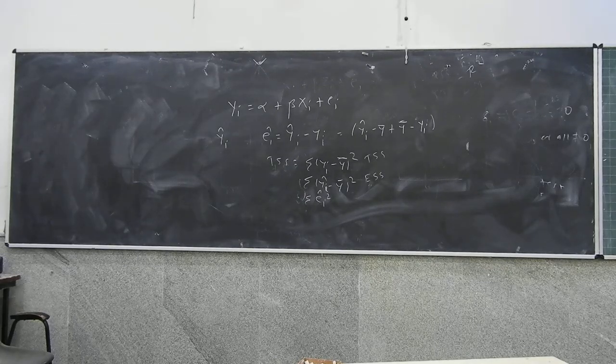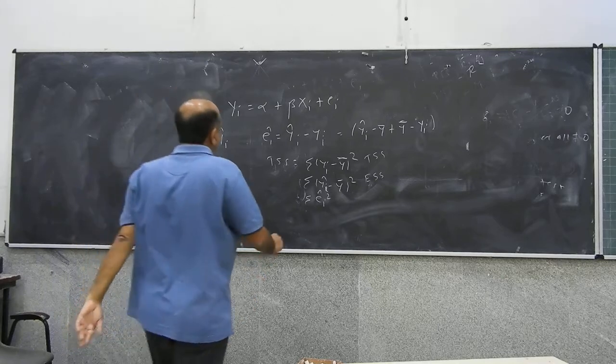It stands for the difference between each value of y and the conditional mean of y given x. So it is that part of y which is not explained by our model, whereas y hat minus y bar is that part of y which is explained by our model. So this I will call the residual sum of squares.